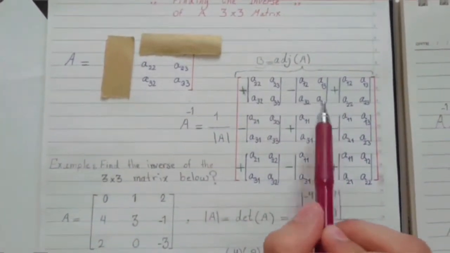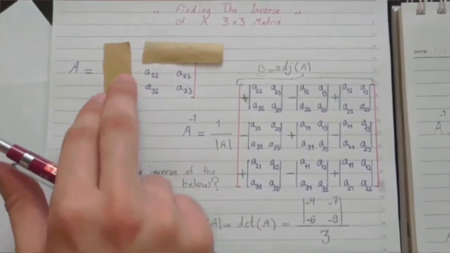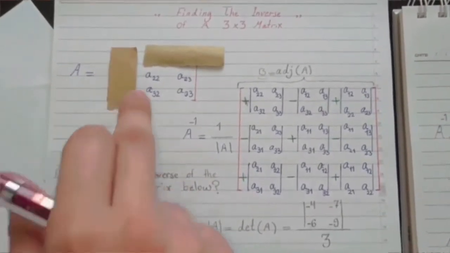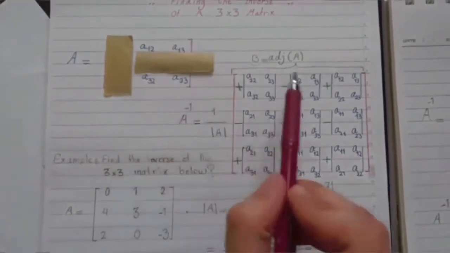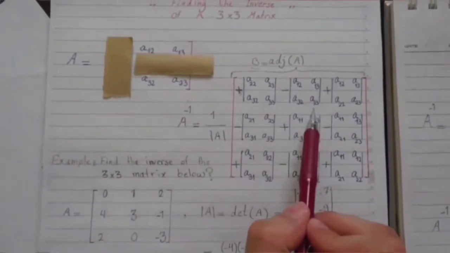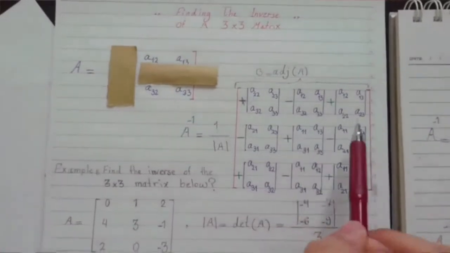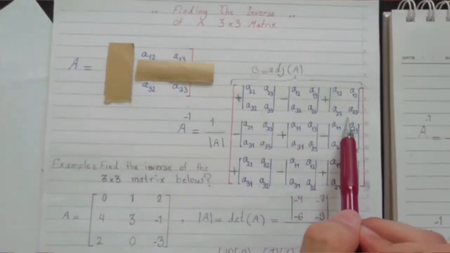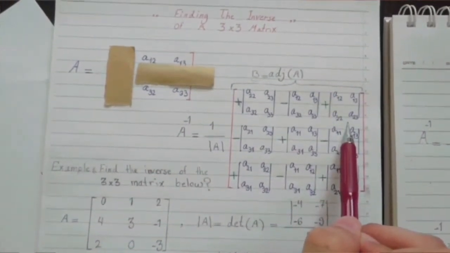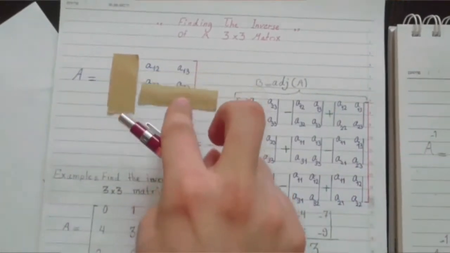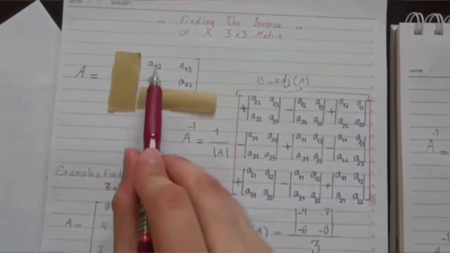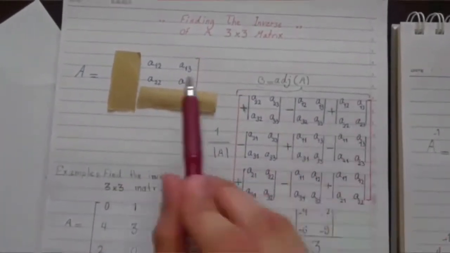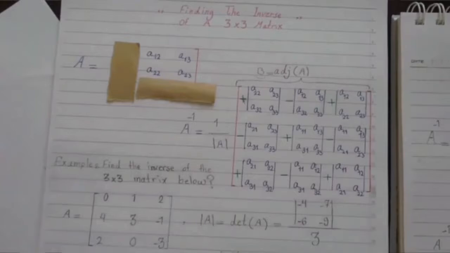The entry B sub 1 2 is equal to the determinant of our matrix of ignoring the first column and the second row. So it's going to be A sub 1 2, A sub 1 3, A sub 3 2, and A sub 3 3. Okay. The entry B sub 1 3 is equal to the determinant of our matrix of ignoring the first column and the third row, which is equal to A sub 1 2, A sub 1 3, A sub 2 2, and A sub 2 3.